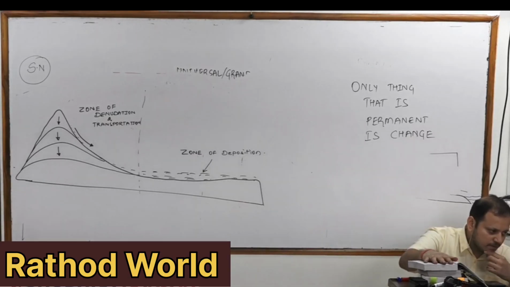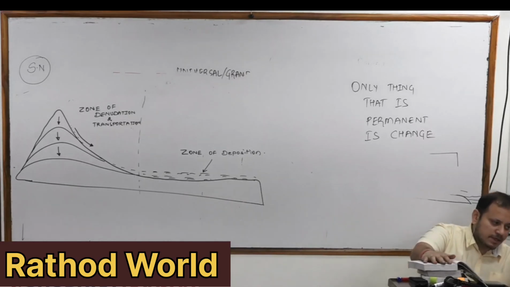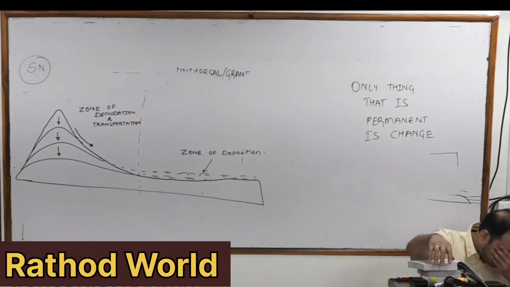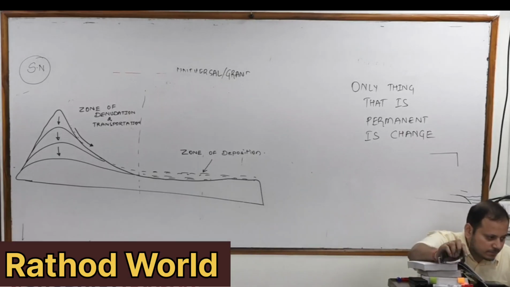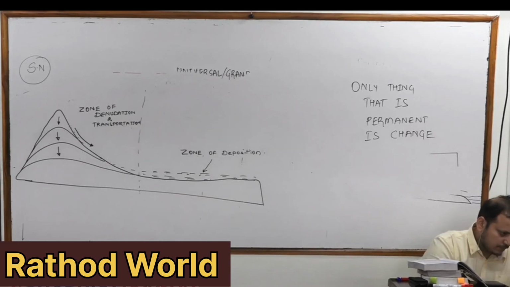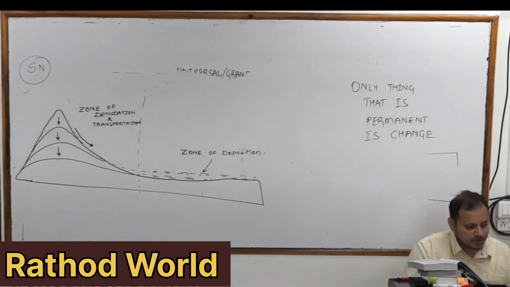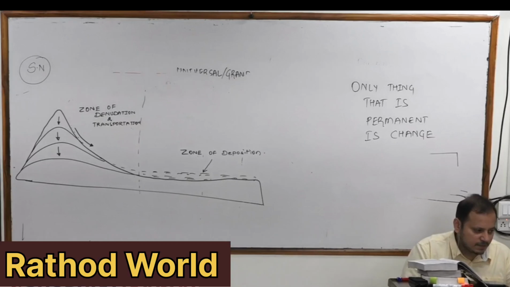and hence for Davis to be correct, there has to be no change, which is not possible in the dynamic Earth surface.